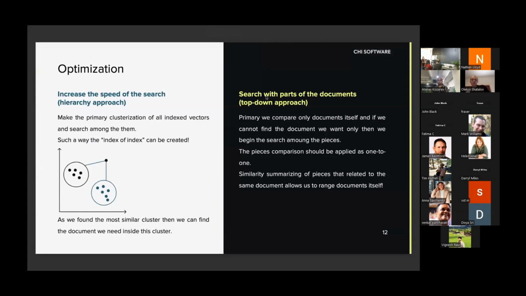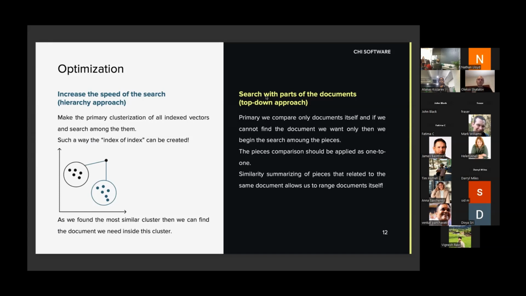So the first topic we are going to discuss is optimization. To increase the speed of our system, both in indexing and in search, we are going to perform a primary clusterization of the vectors that we already have in some database or storage. It can decrease the number of vectors for the primary search.